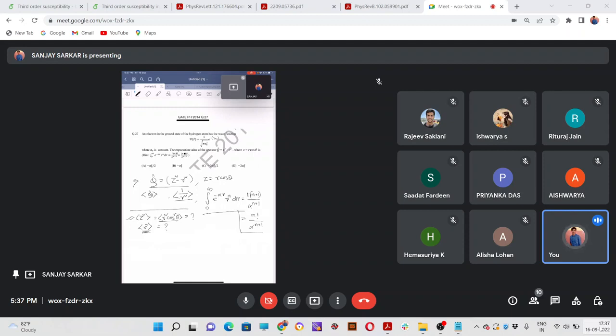And directly use this formula because it is given in the question itself. So use this property and find the expectation value of z square.